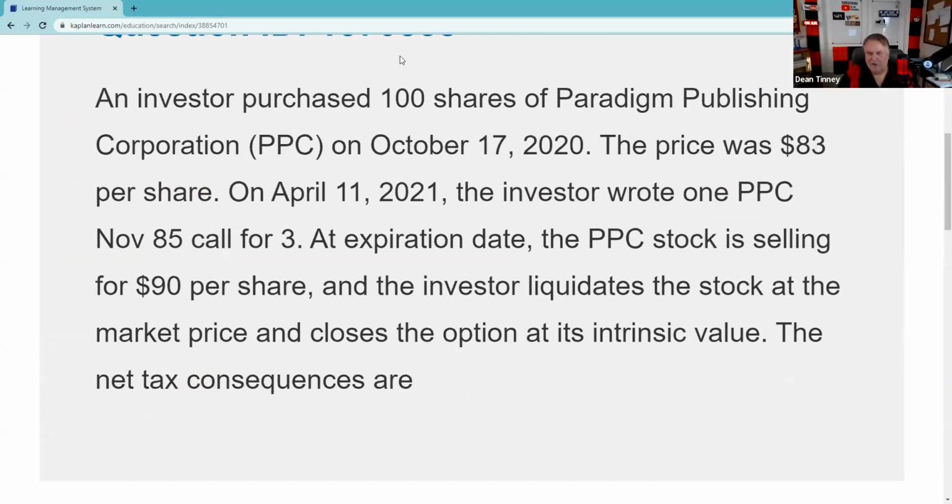If you see me do this question, before I even do the reveal, I just make the T and say, okay, I'm out 83 for the stock. Everybody does options differently. I brought in 3 points for the option. I have to sell the stock at the strike price. That's how I go about answering that. And then when I read the rationale, I go, oh God, my method is so much better. It's just easier.